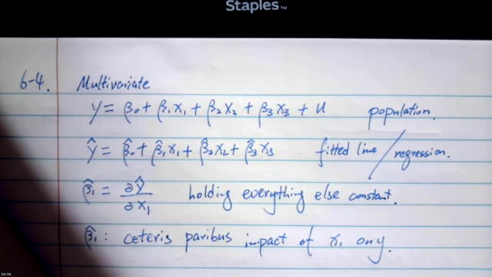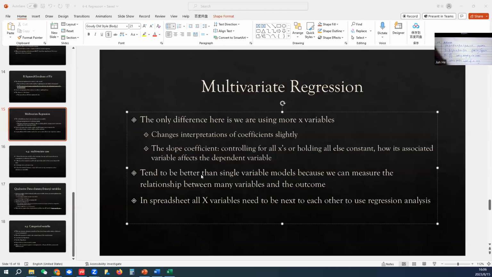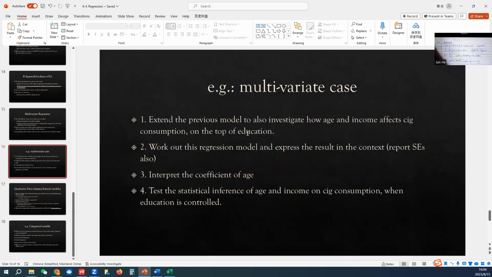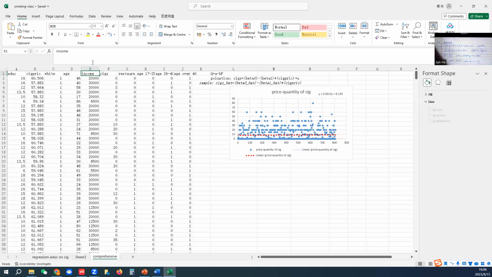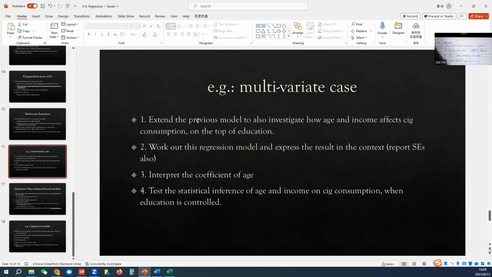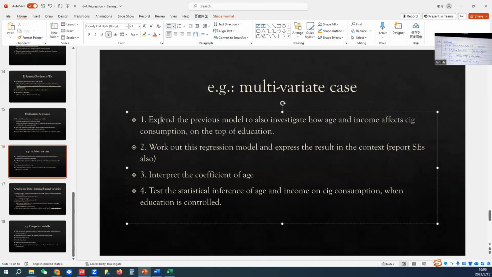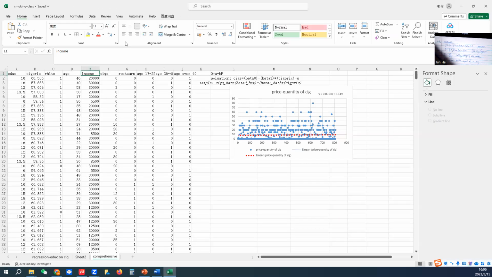And now let's look at the problem. So we were still working on this smoking example. Now let's say we expand our model to also investigate how age and income affect cigarette consumption, which are here, age and income.